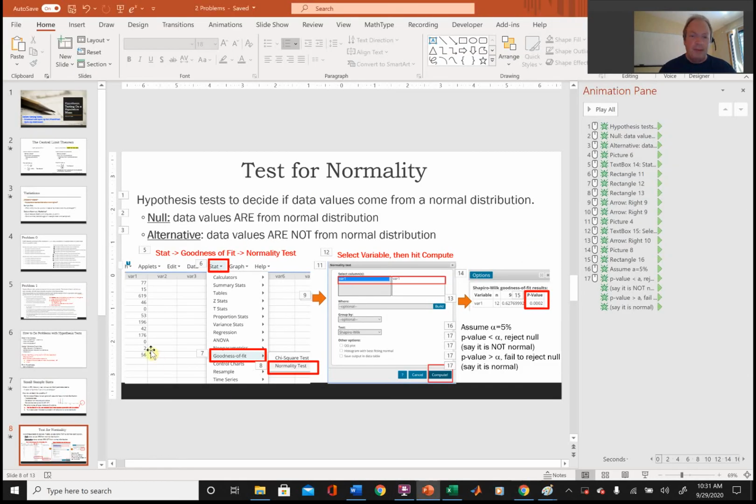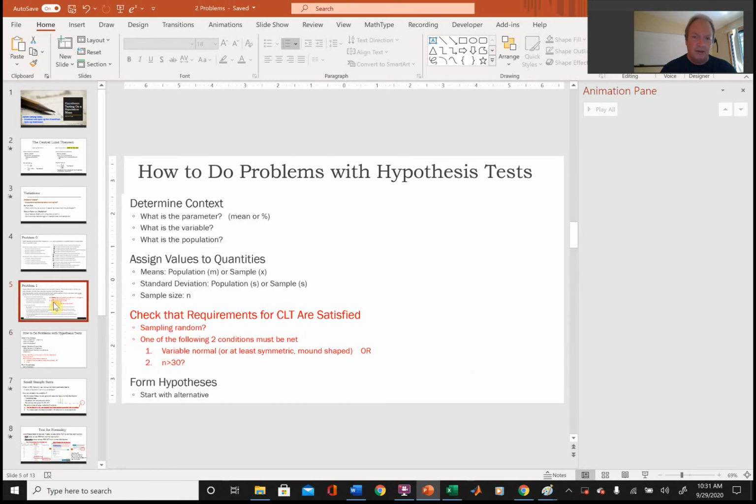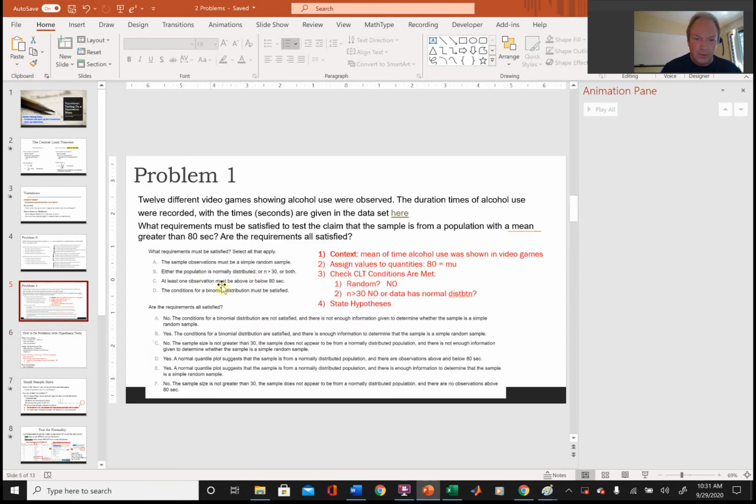Okay, so now we can go back to our original problem, which was figuring out what was going on. So are the requirements satisfied? Well, they don't come from a simple random sample. We weren't given that, so we can't click that. The population is normally distributed, or n is greater than 30, or both.